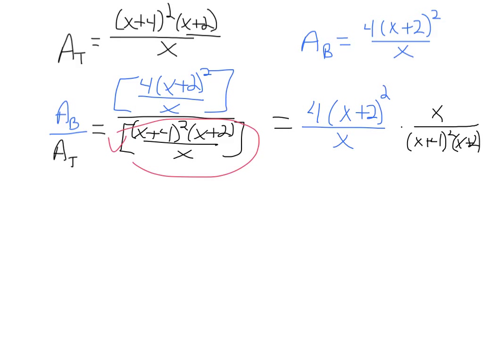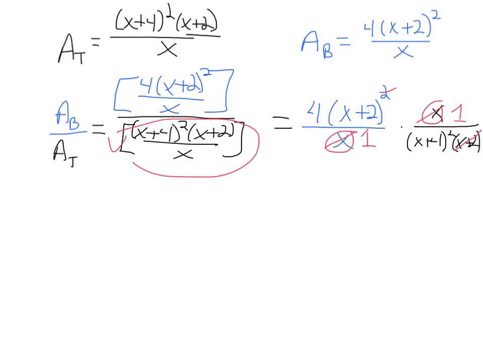Okay. Can this be simplified? Well, we have these x's on the top and the bottom. They'll cancel out, leaving the ones that are always multiplying these things. X plus 2, well, we got one of those on the bottom and two of those multiplied on the top.